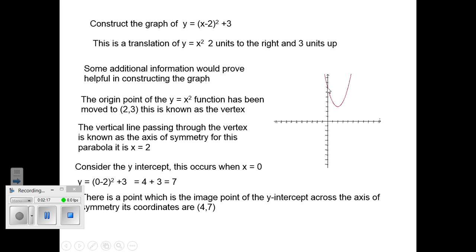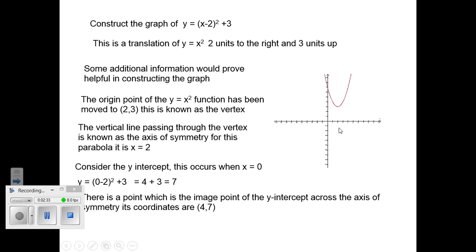The mirror image point across the axis of symmetry is going to be right here. Okay. Now, the mirror image point means it has the same y-coordinate, namely 7. The x-coordinate, well, that depends upon where the axis of symmetry is.